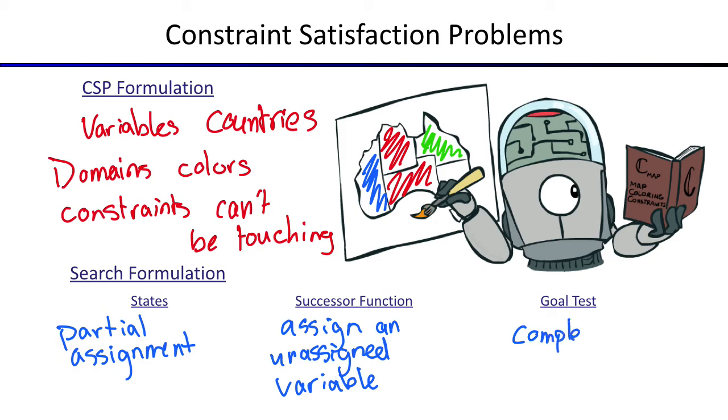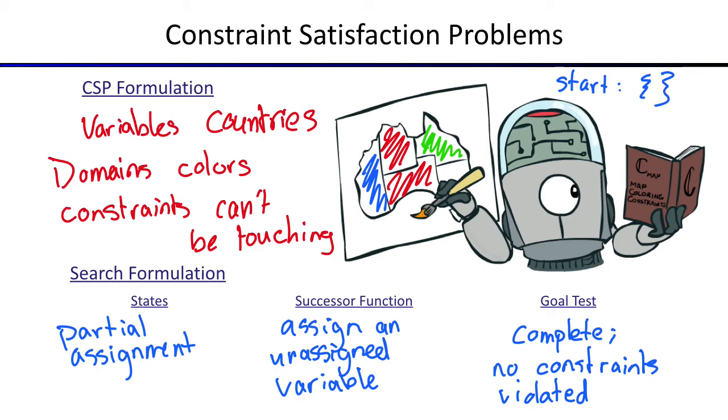So complete and no constraints violated. And what would be the start state? What was that? Yeah, exactly. An empty assignment. Nothing is assigned yet.